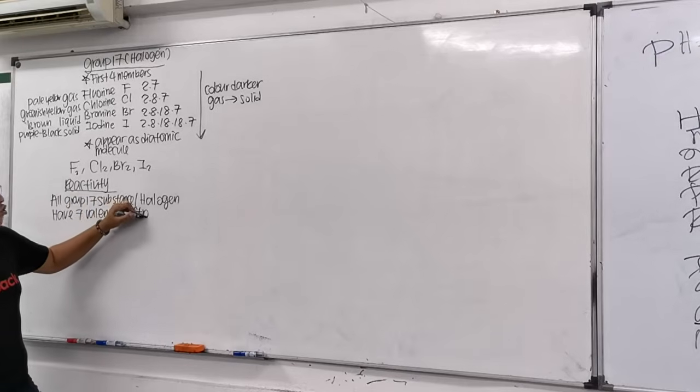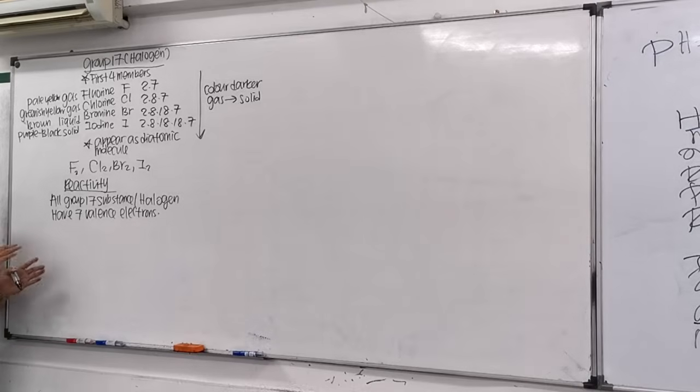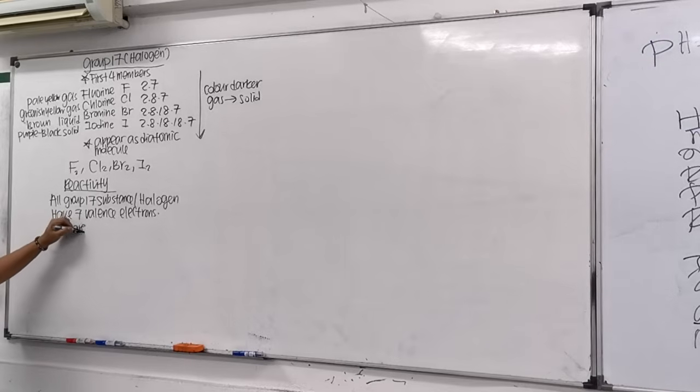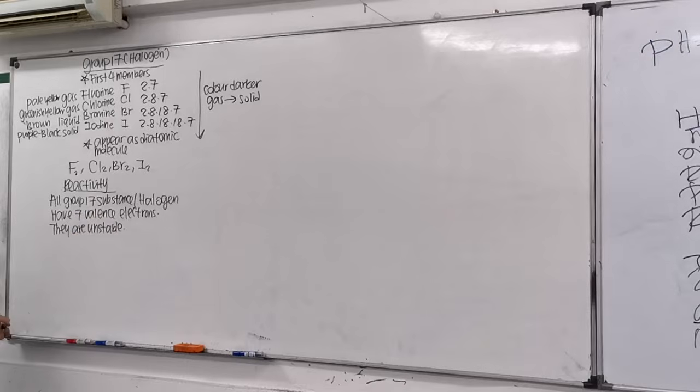So the first question to be answered: are they stable? Not yet, right? 7 outer electrons is not fully occupied yet. They are unstable. So when they are unstable, they want to be stable. What do they do?